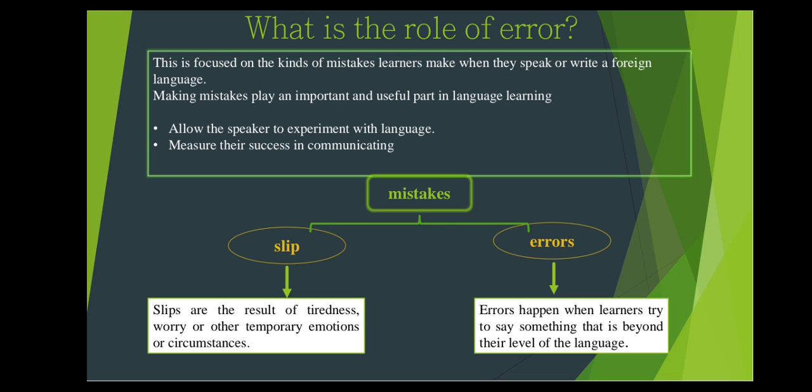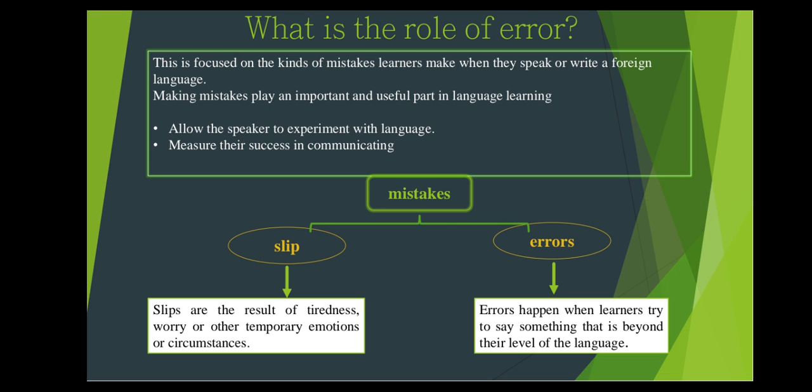But these slips are errors that the students can correct, or the students know that they make a mistake and they can correct themselves in other situations. A slip is when the student has knowledge that they are making a mistake in speaking the language that they are learning.